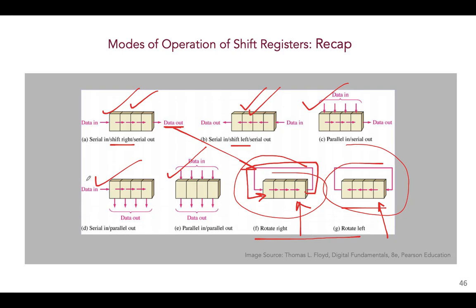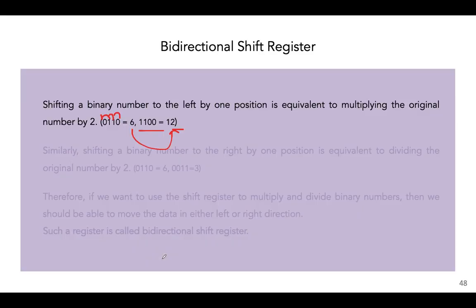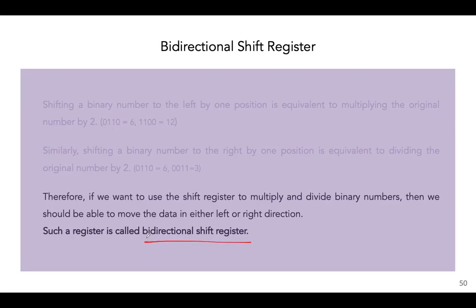So if the data is moving in like this and it's moving to the right, this register is not going to be able to shift the data to the left, right? And these are unidirectional shift registers. They have been designed to shift data in one direction alone. If you wanted to work in both ways, then you have to use a bidirectional shift register. This is the same register, but you can control if it moves your data to the left or the right. Okay, so you need some kind of additional circuit that would make that kind of switching possible.